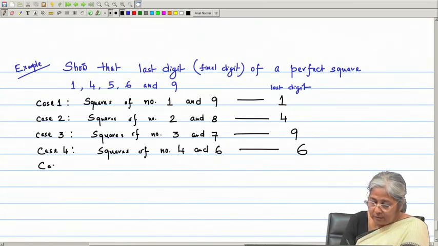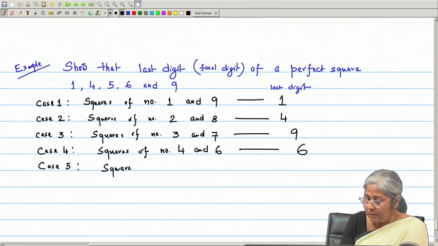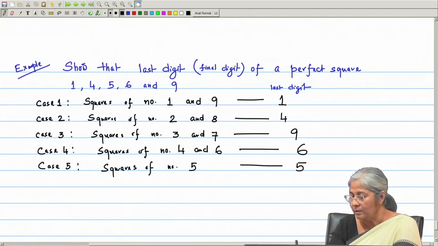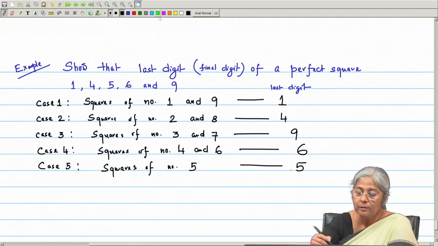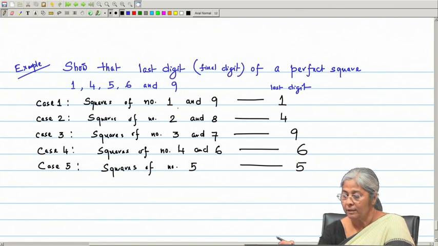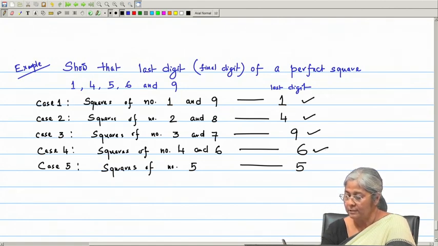Then case 5, the square of number 5 is only 5. So, what we see is that whatever the number, the last digit is from 1 to 5 and so on: for 1 and 9 it is 1, for 2 and 8 it is 4, for 3 and 7 it is 9, for 4 and 6 it is 6, and for 5 it is 5.